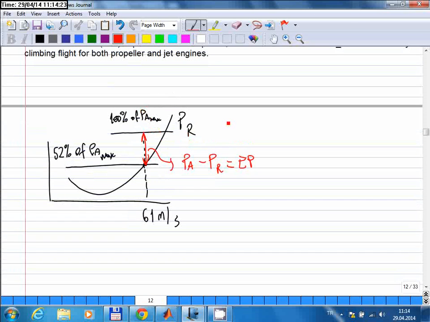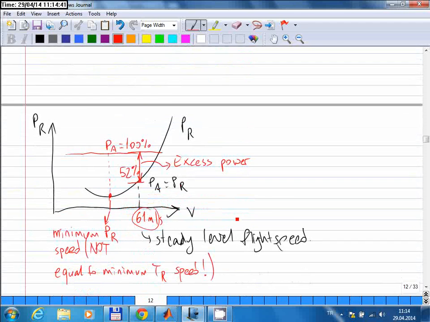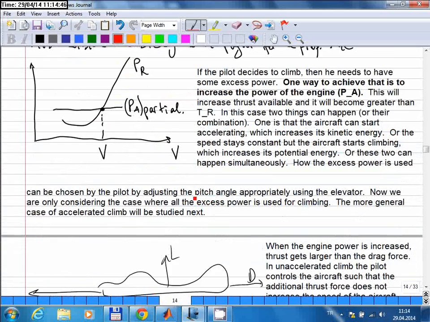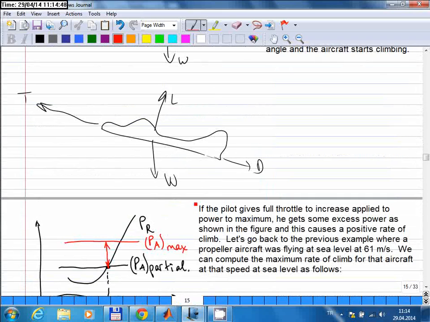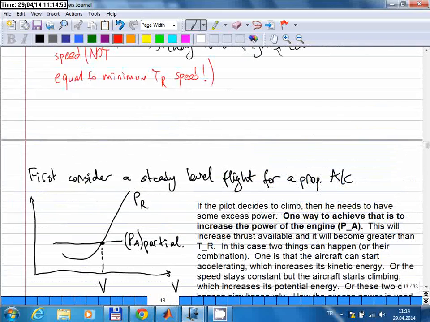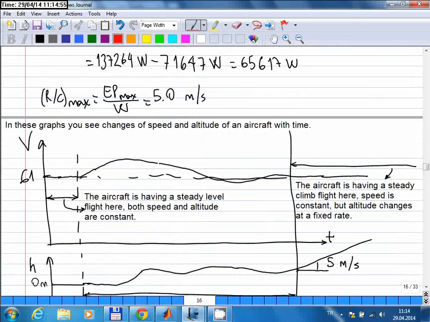Okay, so suppose that again we go back to that example, and the aircraft was initially flying at 61 meters per second at 52% engine power. The pilot increases the power to 100%, and he gets, well, I guess we need to go down to find the actual excess power.